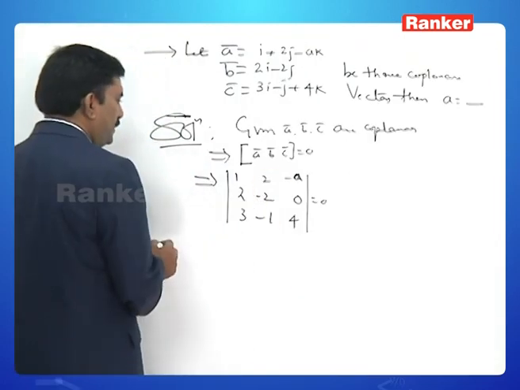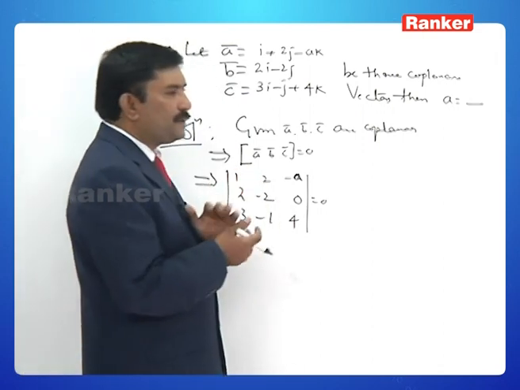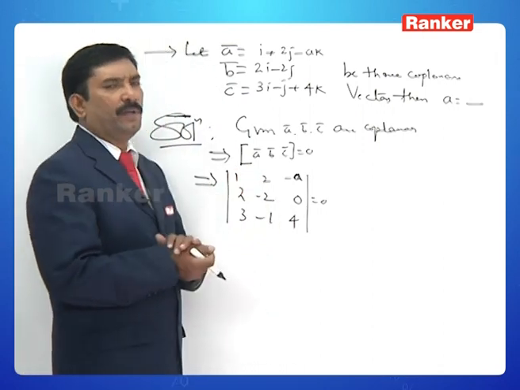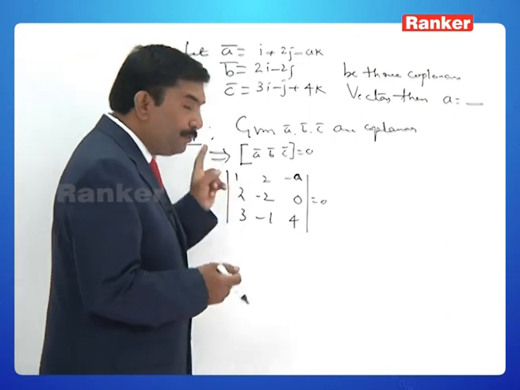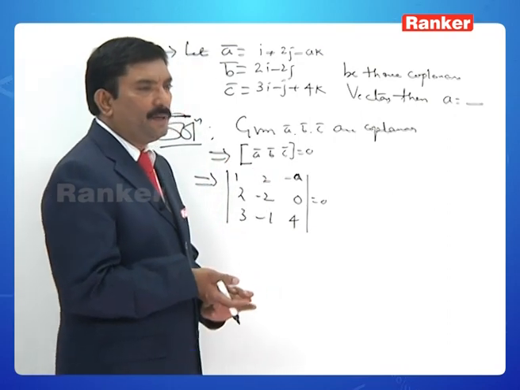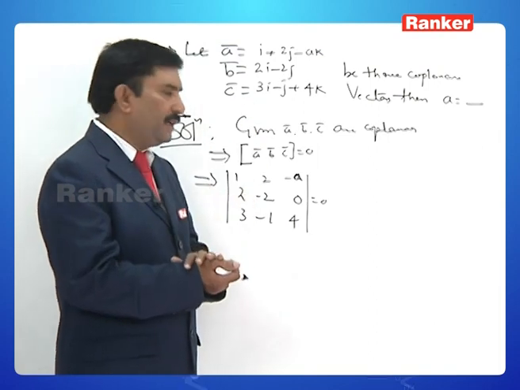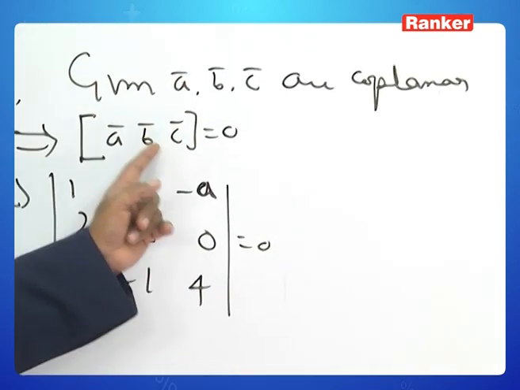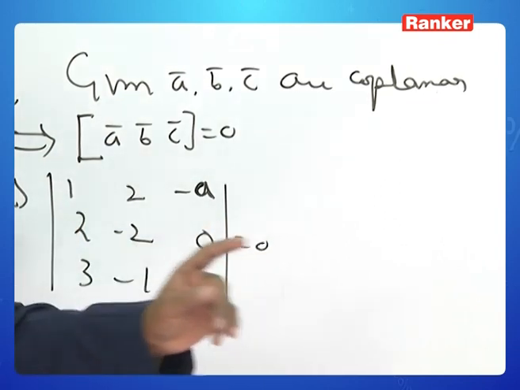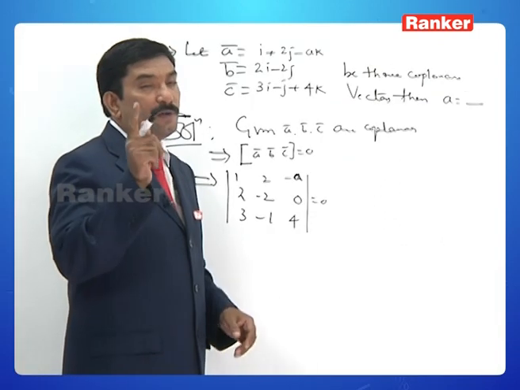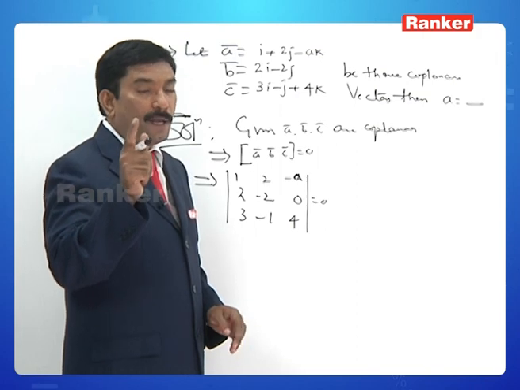Come on, expand it. Look here. And also, you can ask one question, sir. You told two theorems. One theorem is when the given vectors are expressed in the base vectors i, j, k, you can write box of ABC is equal to the determinant into box of i, j, k. But box of i, j, k is equal to 1, we have proved.